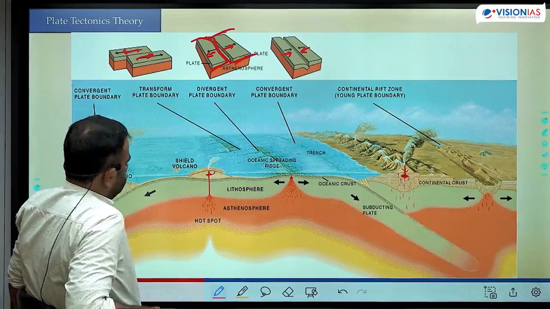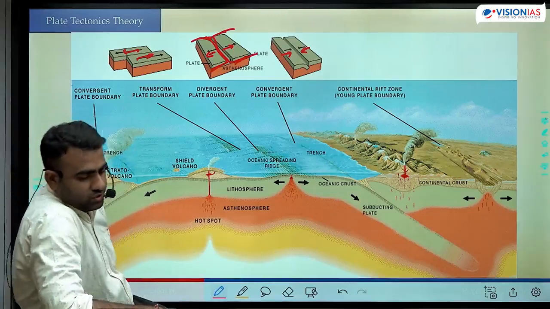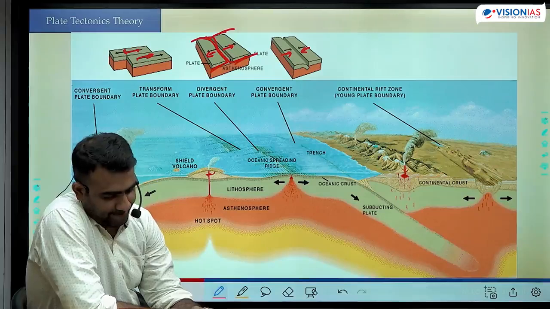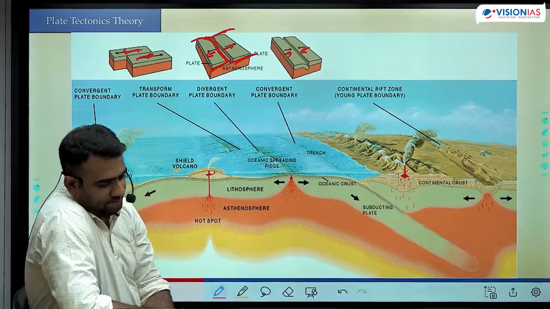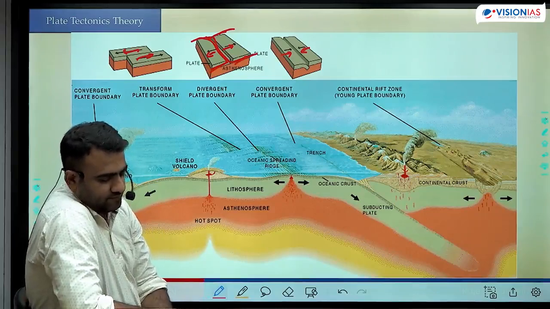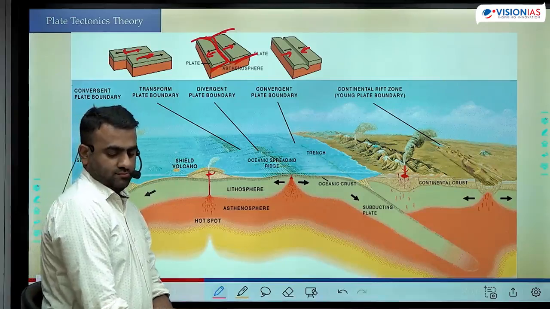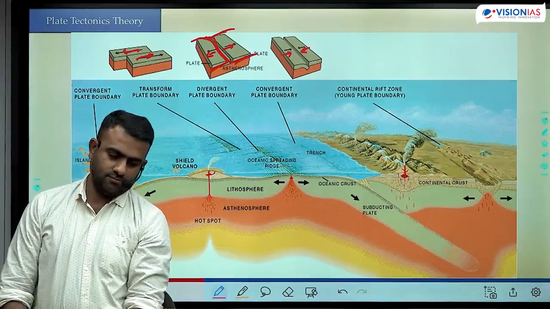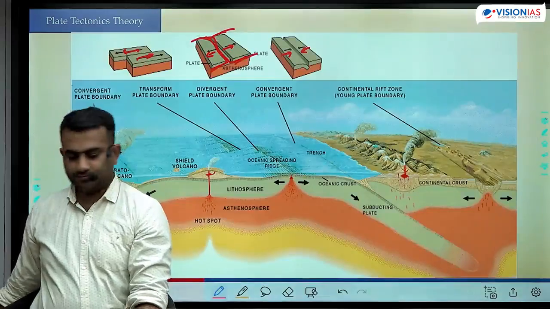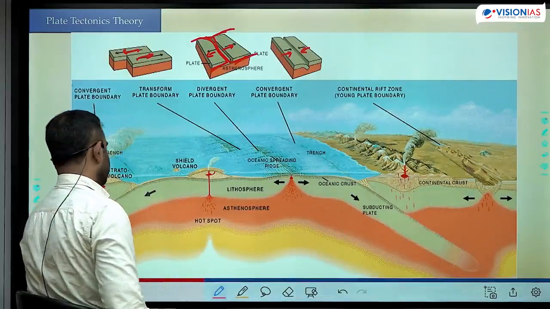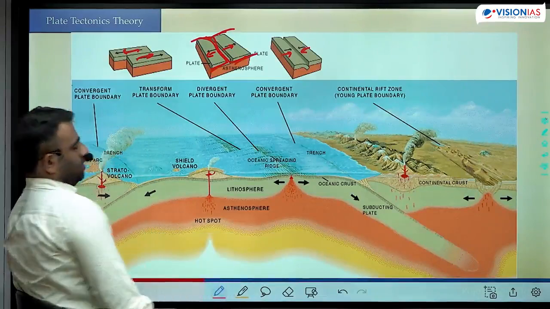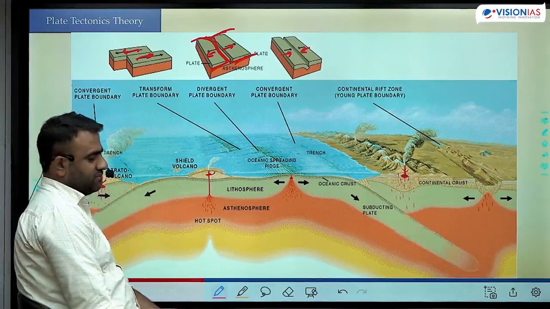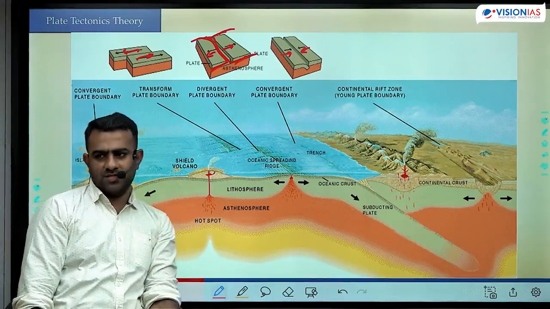Let's study them in detail. Starting from number 1, ocean divergence. An ocean divergent plate boundary is where two oceanic plate margins are moving away from each other.